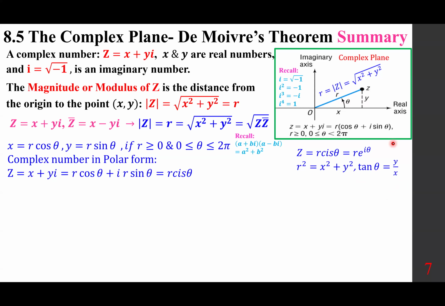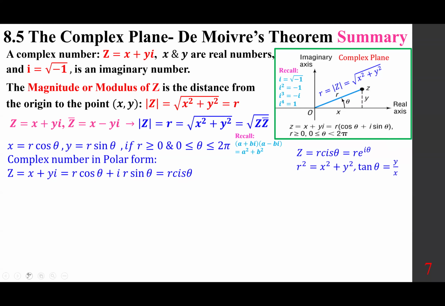Go ahead, Lou, you have a question? Is that supposed to say, under the complex number in polar form, at the end of the equation, is that meant to say r cosine theta? Yeah, it's the shorthand notation. It's r cosine theta plus i r sine theta.